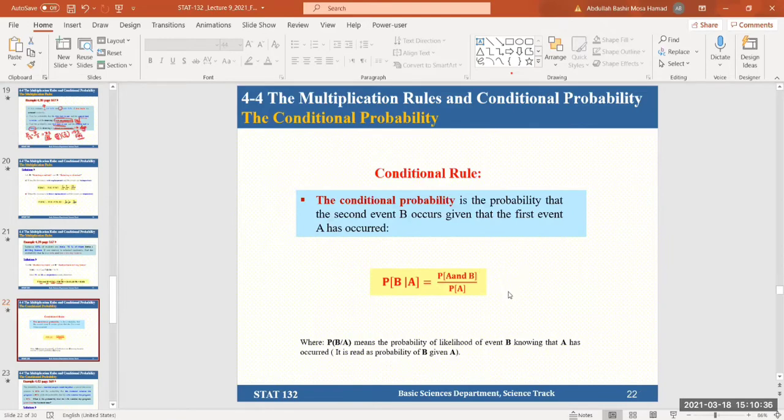So now we are going to the last part of the class, about conditional probability.